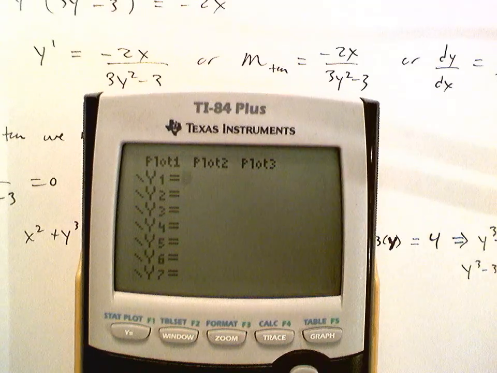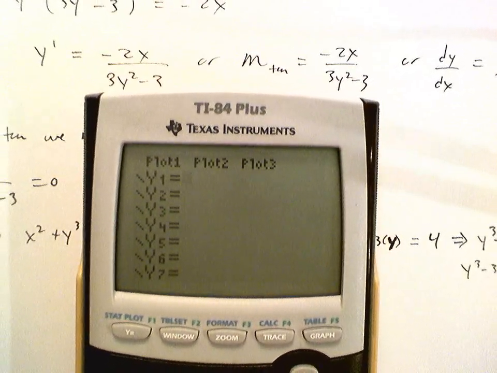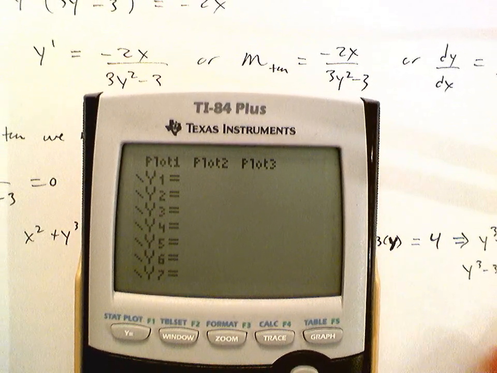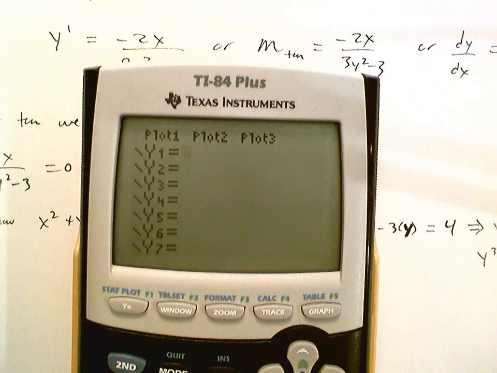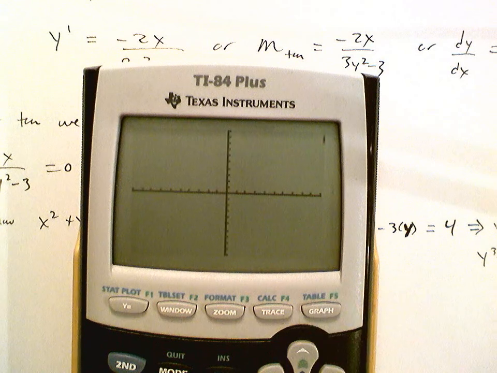So I get my calculator out and I graph this. All right, I can only use x's for graphing, so even though the variable is y on my paper, I enter x to the third minus 3x minus 4. Okay, and then I graph it.